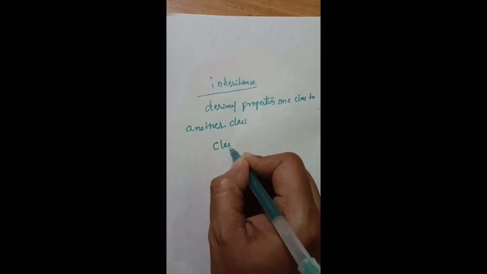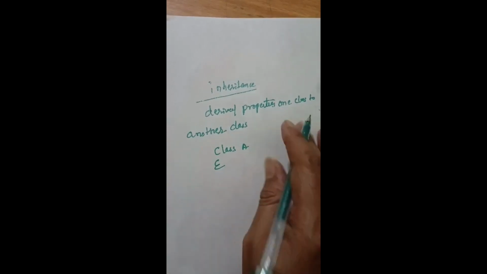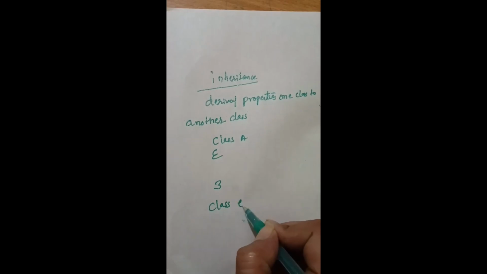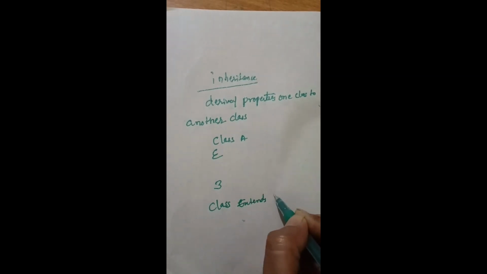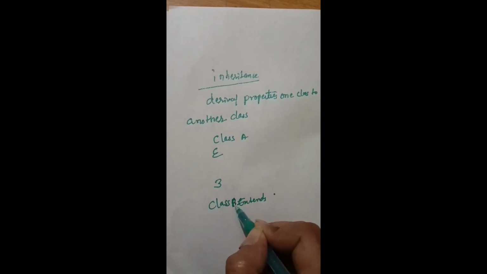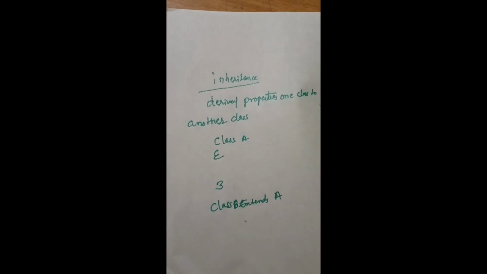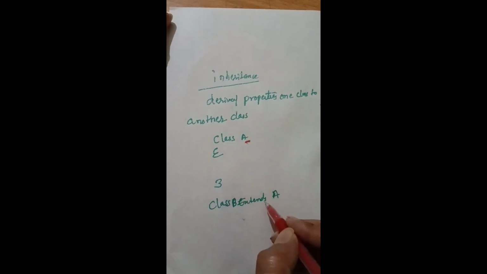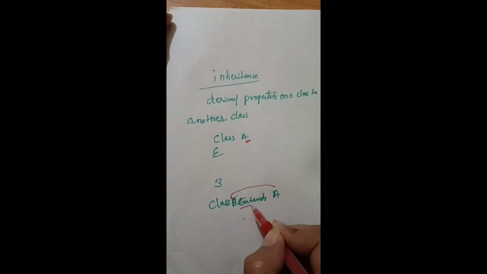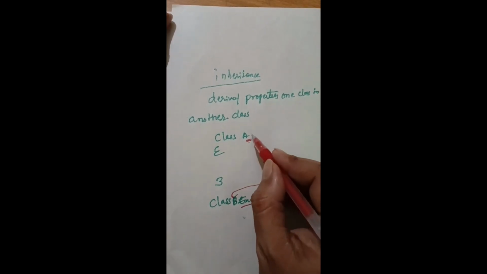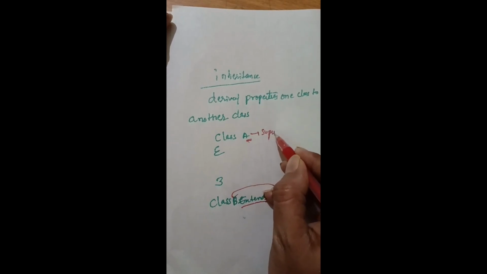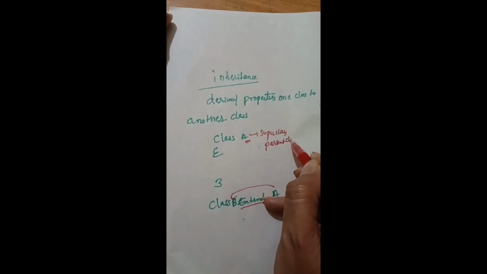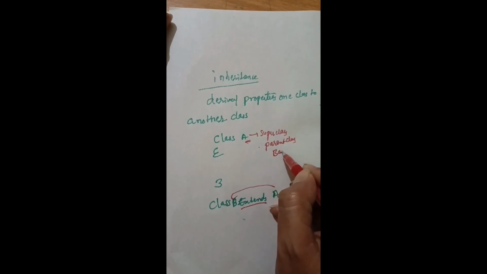Example: class A has some properties. Class B uses the extends keyword. Whatever properties are in class A, we extend into class B with the help of the extends keyword. Class A is known as a superclass, parent class, or base class.